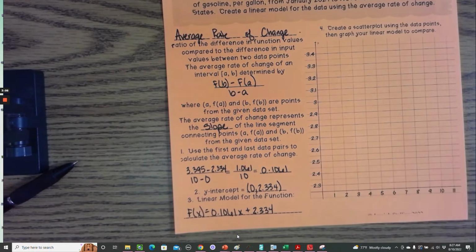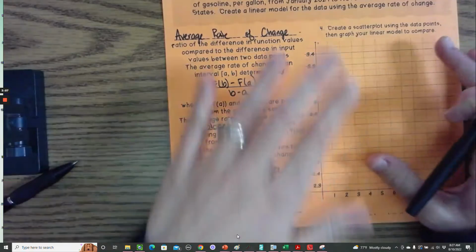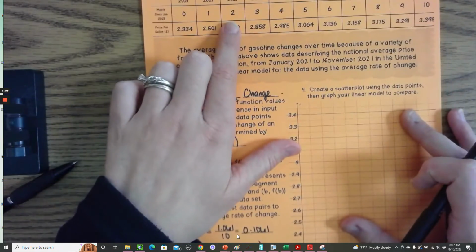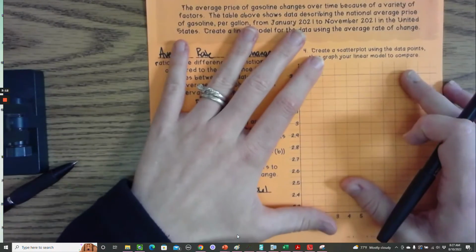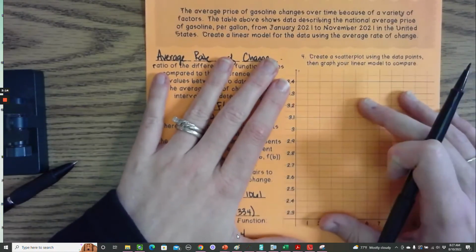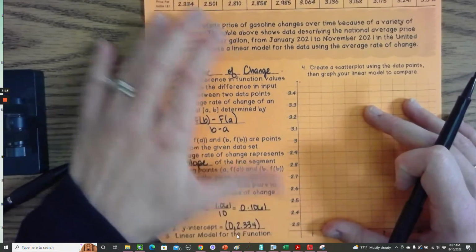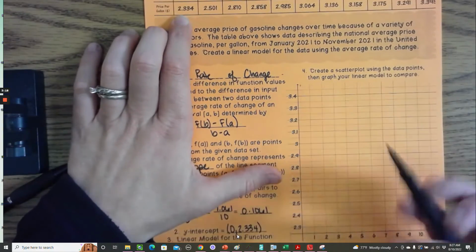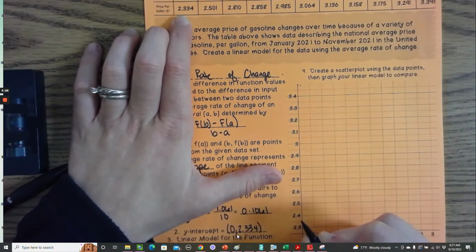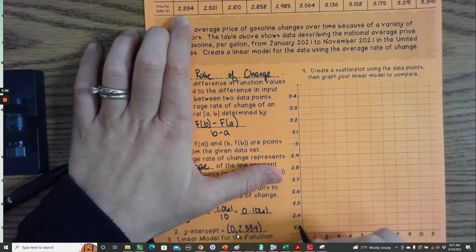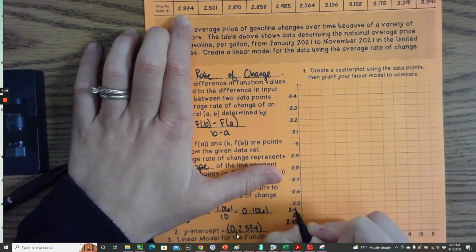So to show you what we're looking at here, if we plot these points, I apologize that I cannot fit that table on the screen with this. So if I plot these points, to show you what these hash marks represent, this would be 2.35, this would be 2.45.